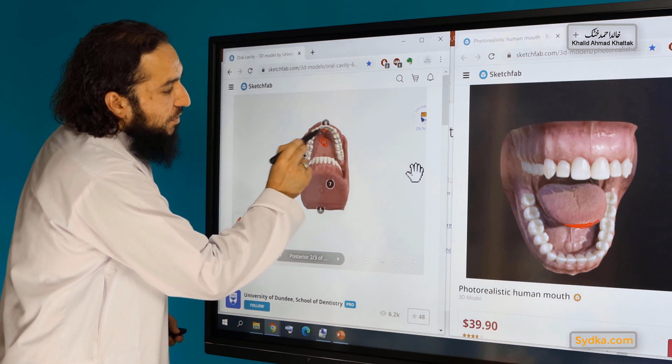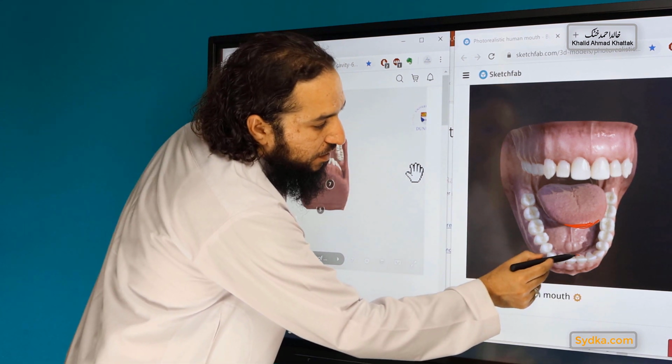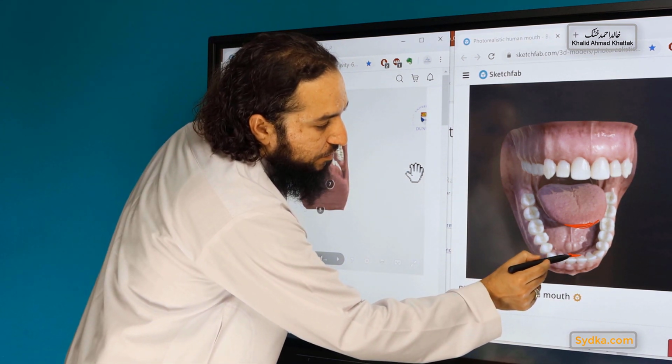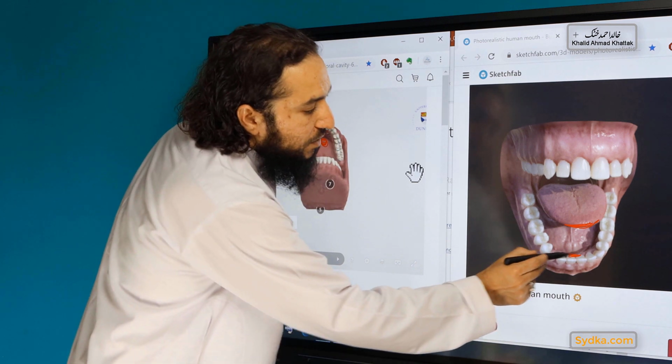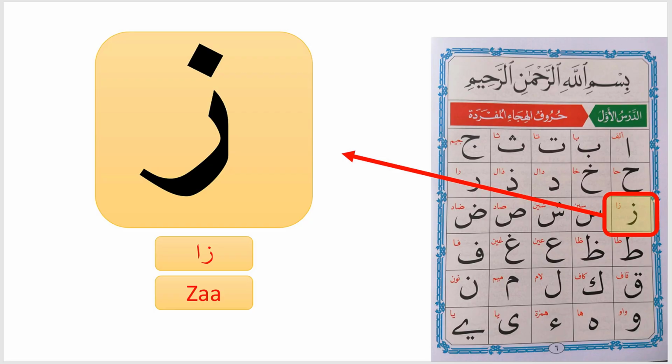Okay, the top incisors near the inner plate, and slightly above the bottom two incisors. So that's the articulation point for Z.